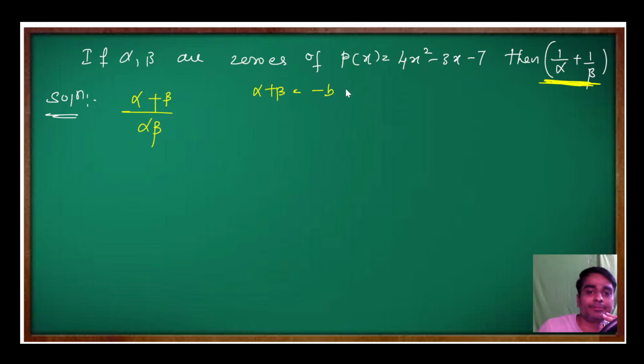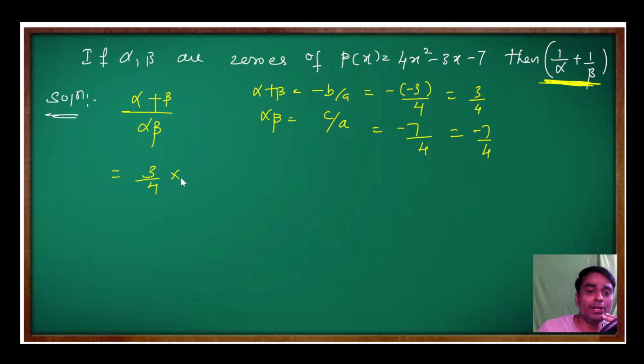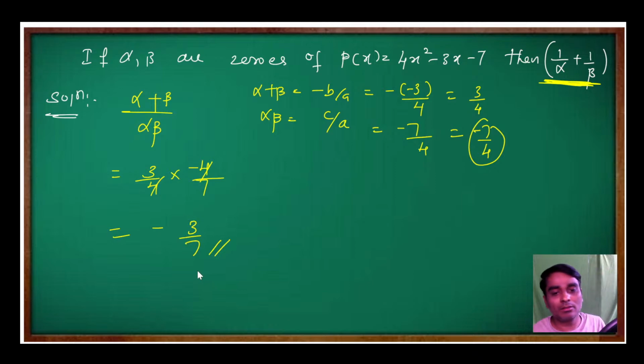Minus b by a. Alpha beta means what? C by a. What is this? Minus of minus 3 by 4. C is minus 7 by 4. So this is 3 by 4 and this is minus 7 by 4. So 3 by 4 into 4 by minus 7. 4 cancels. Minus 3 by 7 must be your answer.